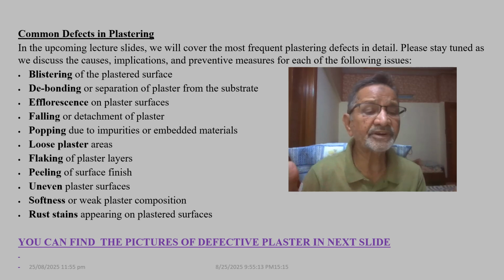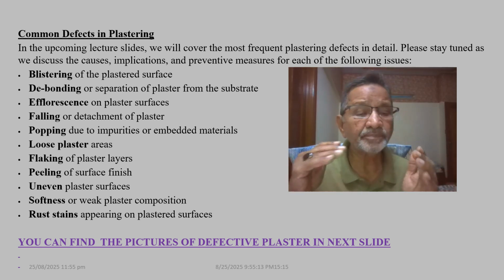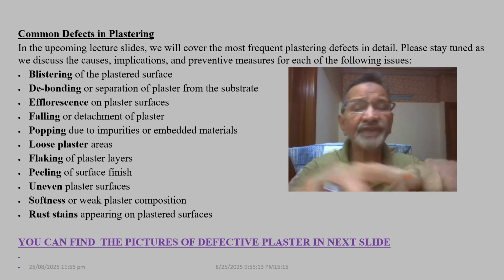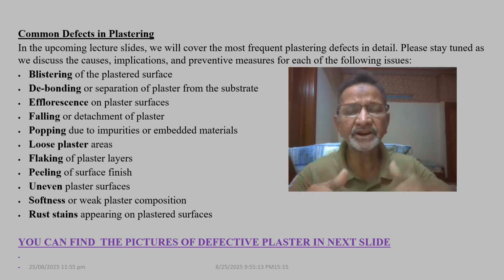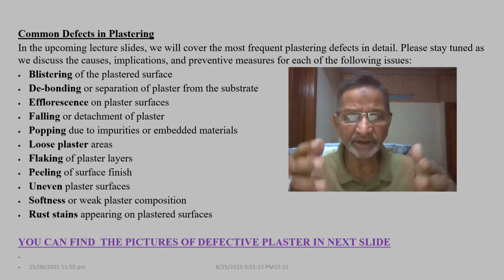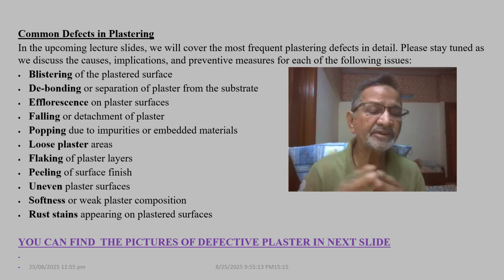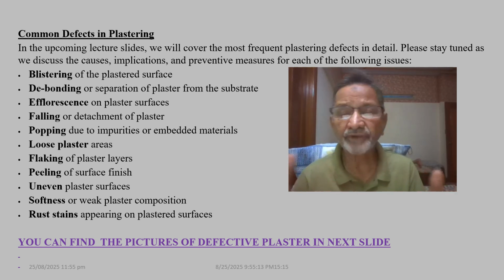Flaking of the plaster layers, peeling of surface finishes, uneven plaster surfaces, softness of weak plaster composition, rust stains appearing on plaster surfaces. All these defects, I have uploaded the pictures after this slide. You can go through these pictures also, understand what the defects are, and find the defects from the pictures.